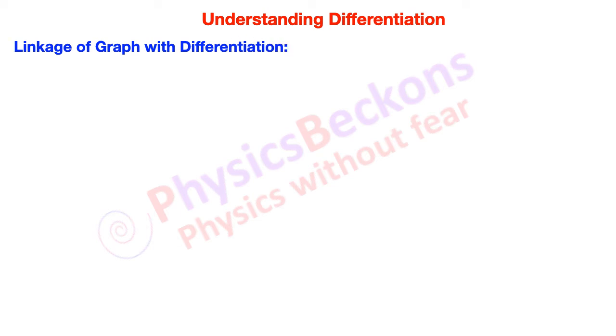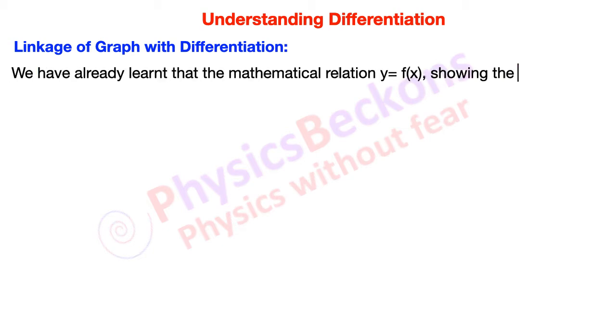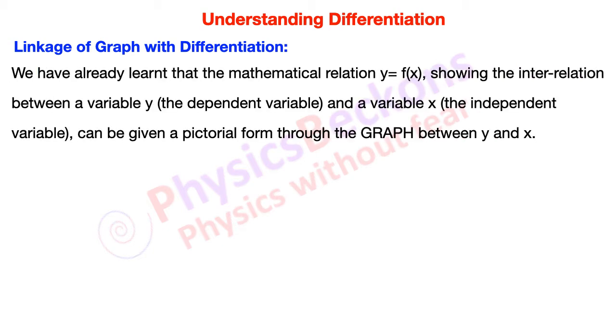The differentiation can also be linked to the graphs, as we will see. We already learned that the mathematical relation y equal to f(x), showing an interrelation between y, the dependent variable, and the independent variable x, can be pictorially represented through a graph between y and x.